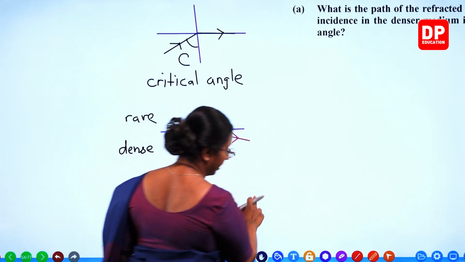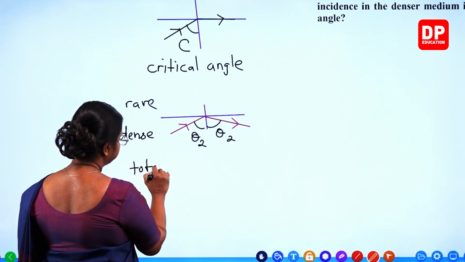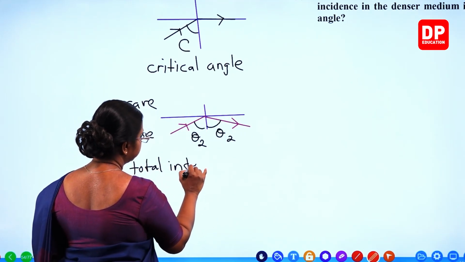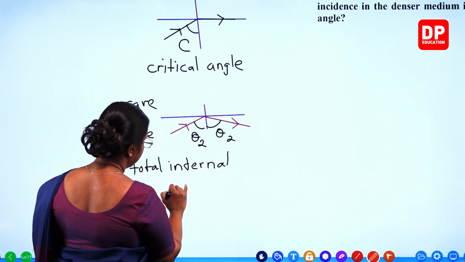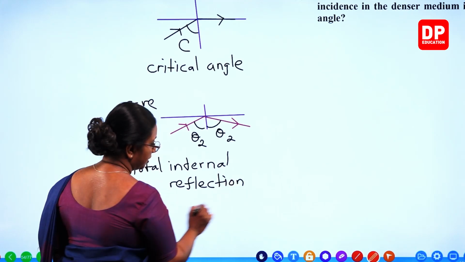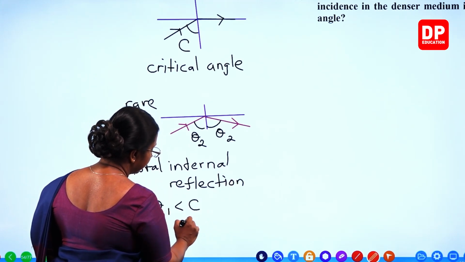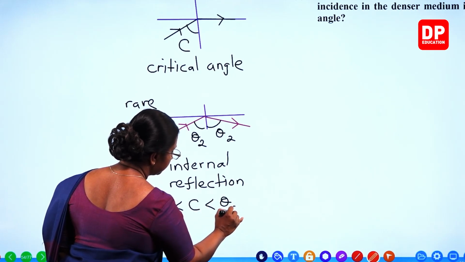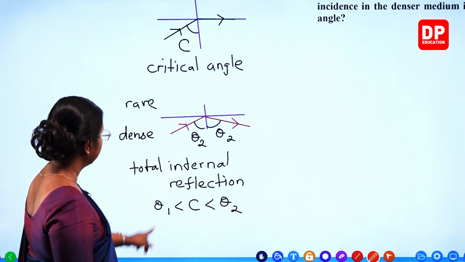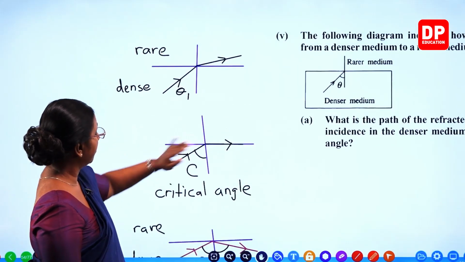So you all know that. Total internal reflection. So here theta 1 is less than the critical angle, and theta 2 is greater than the critical angle. For theta 1, it is refraction away from the normal.